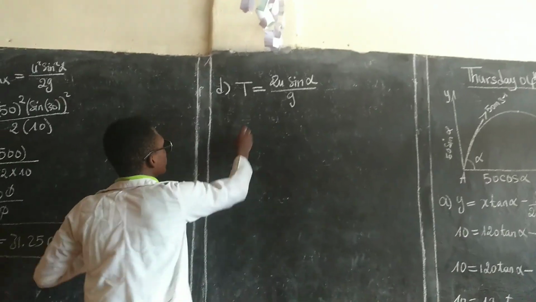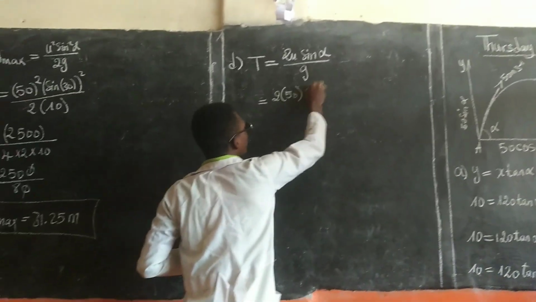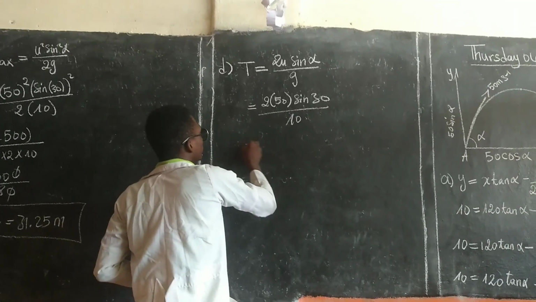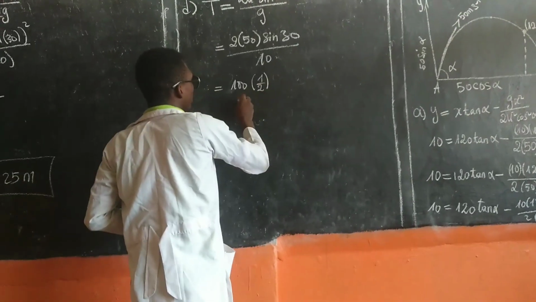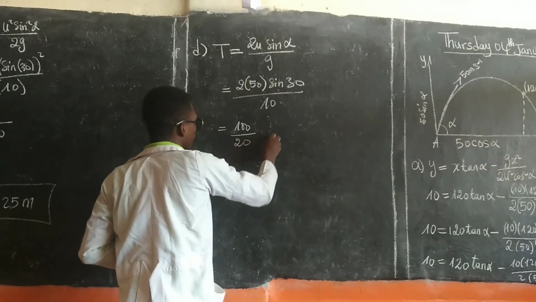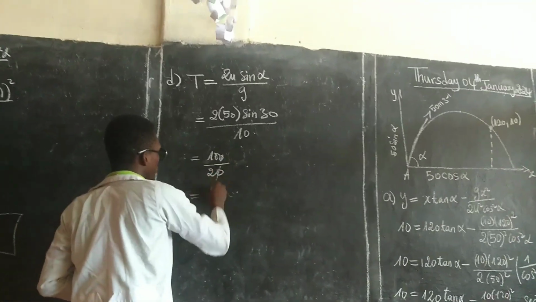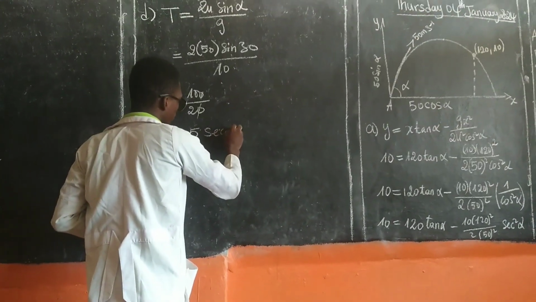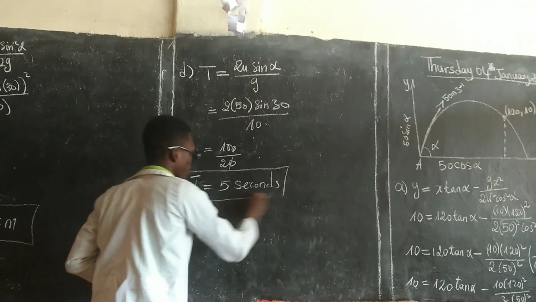So this is going to be equal to 2 times 50 sine of 30 on 10. Now 2 times 50 is 100, sine of 30 is a half, and we divide by 10. So this is divided by 20, and we are going to have it as 10 on 2 is 5 seconds. The time of flight is 5 seconds.